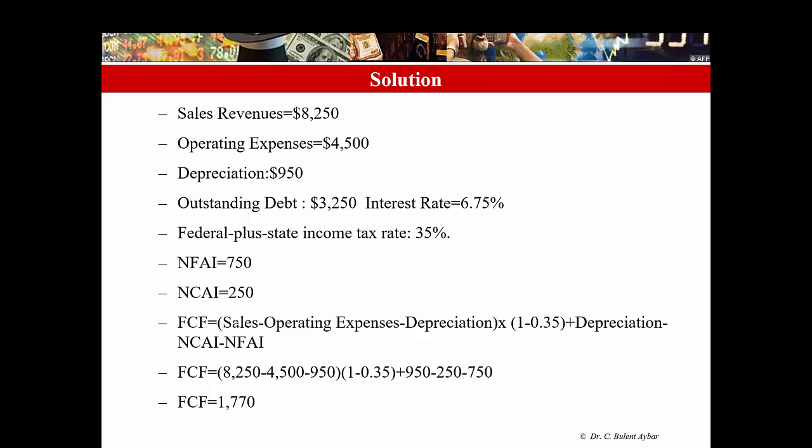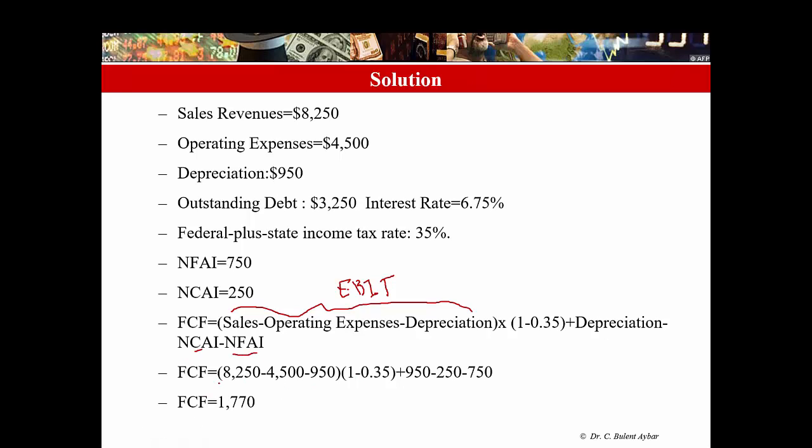So from here we can calculate sales minus operating expense minus depreciation, which is equivalent to EBIT, right? This is EBIT, times 1 minus tax, plus depreciation minus net current asset investments minus net fixed asset investments.